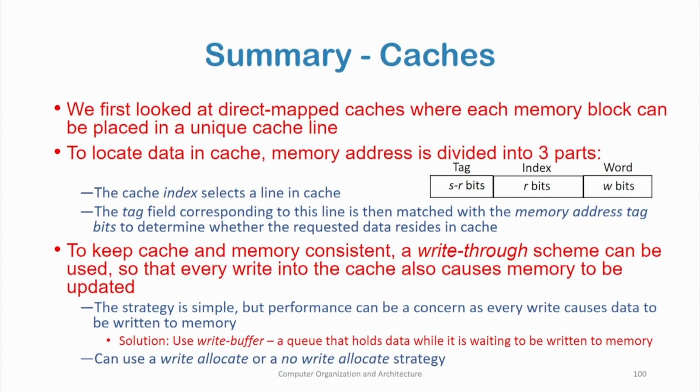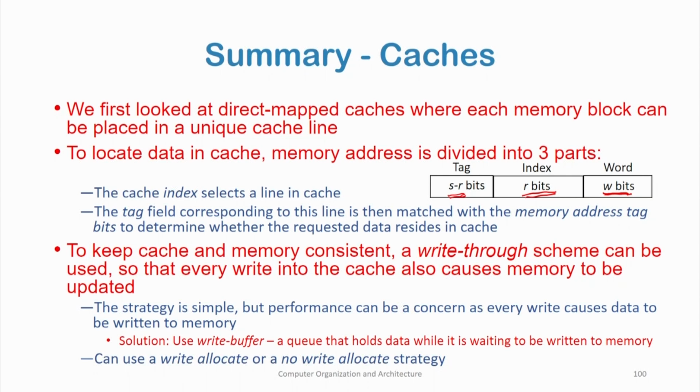The word offset is used to identify a particular word within a block. The index of R bits is used to access a particular block within the cache, and the tag bits are used to match if a particular block of memory is in cache or not.